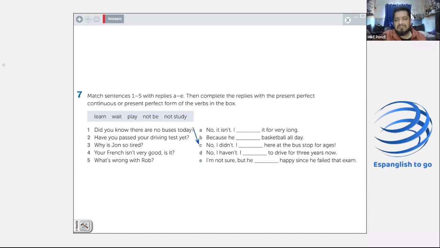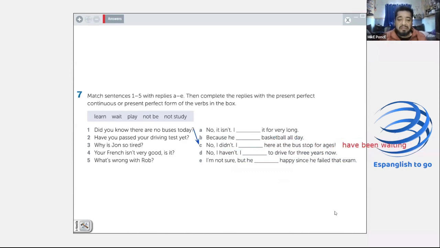In this case, I consider it should be wait, the verb. So, no, I didn't. I have been waiting here at the bus stop for ages. So this would be my complement here. It should be here in the middle, but I'm gonna place here because we don't have enough space.